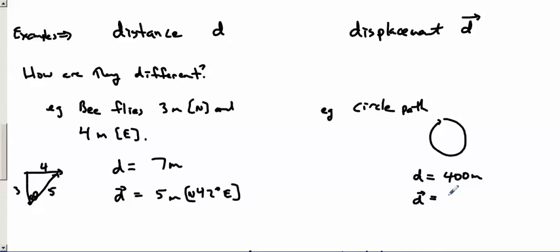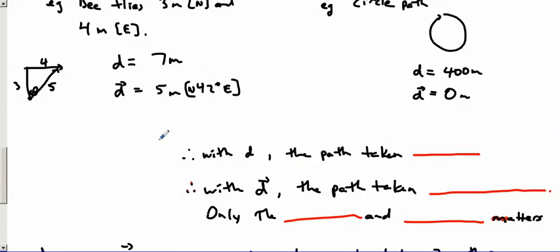Your displacement would be 0 meters, because with displacement, the path taken does not matter. Okay? Only the start and finish matter.